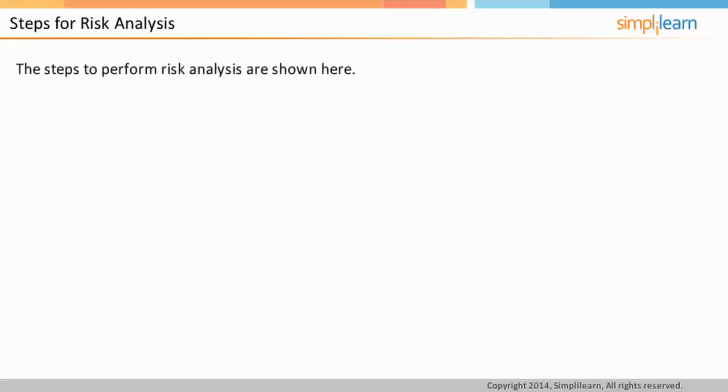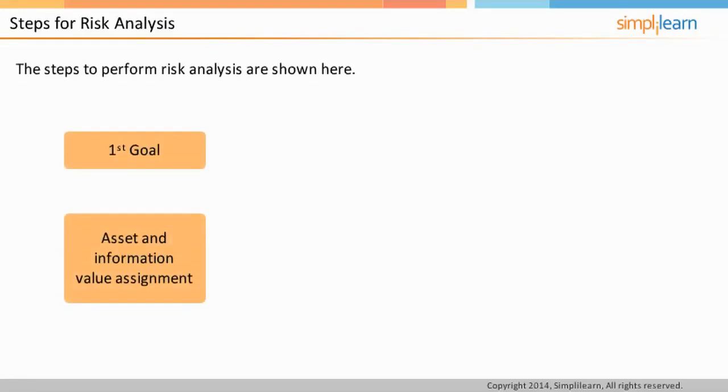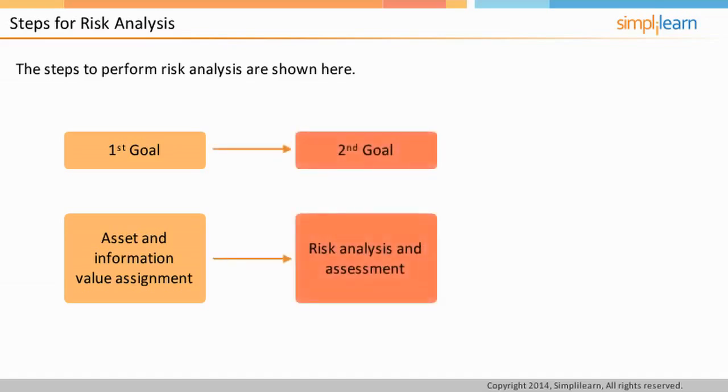To perform risk analysis, a company first decides what assets must be protected and to what extent. This step is called Asset and Information Value Assignment. It also indicates the amount of money that can go towards protecting specific assets. Next, it must evaluate the functionality of the available safeguards and determine which ones would be most beneficial for the environment.